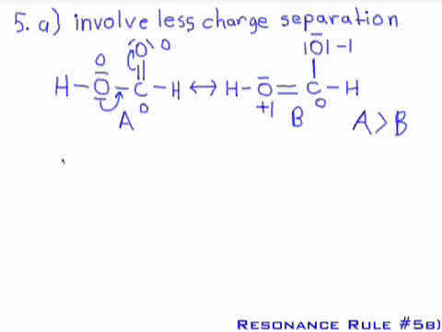Now, the next rule, we call 5B, we look at if A doesn't work. This is when you have the same amount of charge separation, you have 8 electrons around every atom. The more important structure is the one where the most electronegative atom has the negative charge.